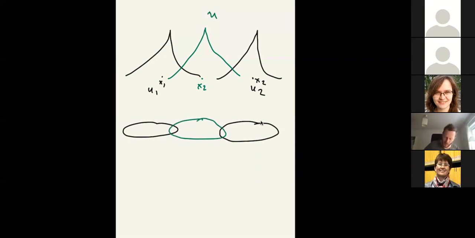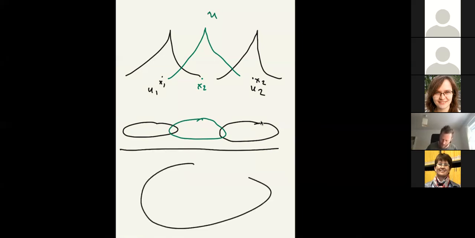So the whole point here, of course, is that you take two points x1 and x2, and you take two extremals. Suppose that there are two extremals corresponding to having the max at x1 and x2. And then we construct this new function u, which has the max here at (x1 + x2)/2.